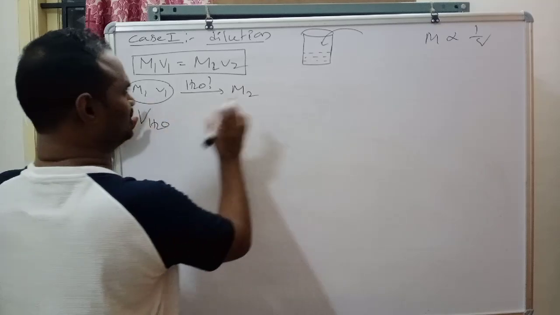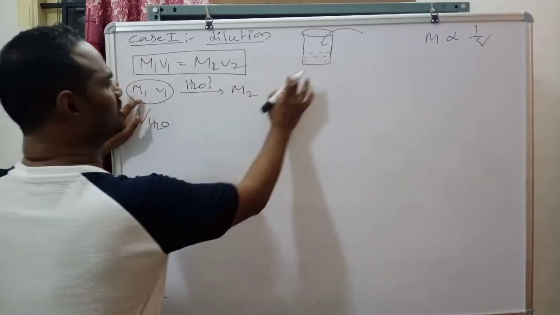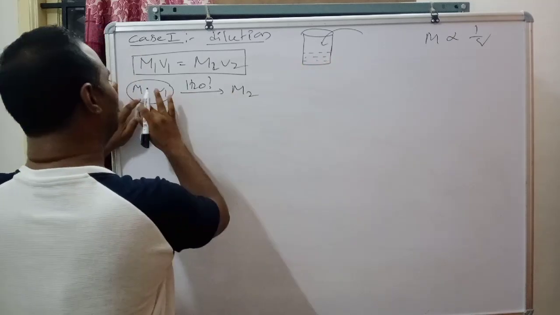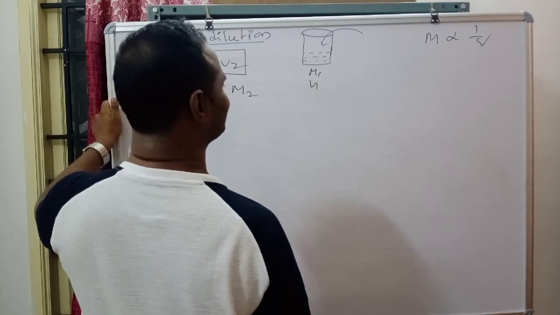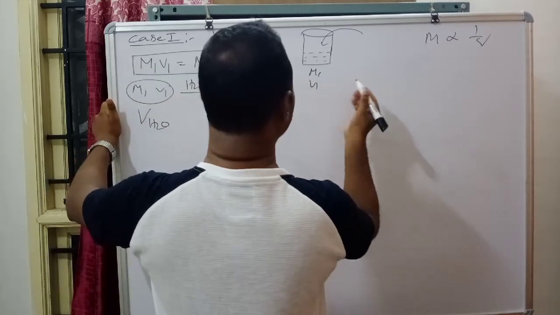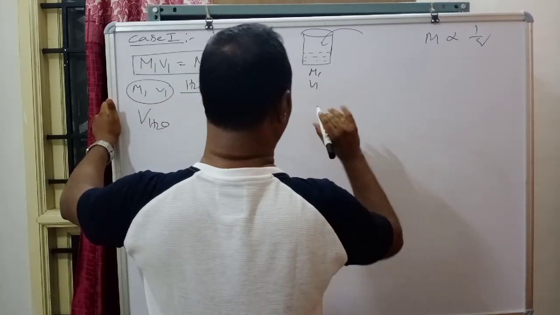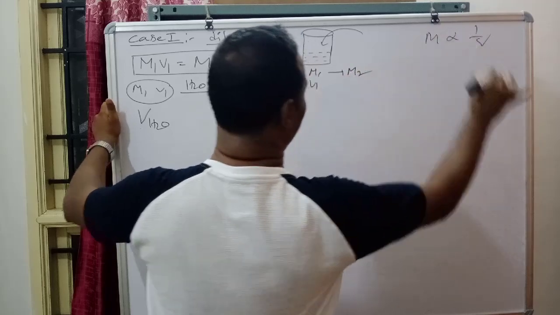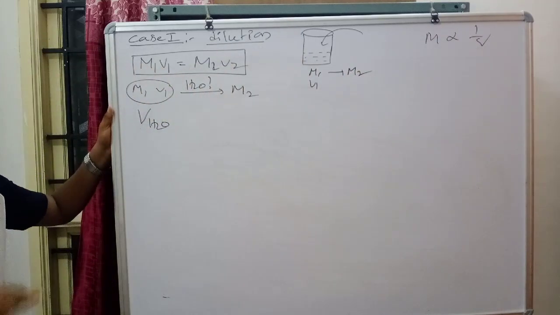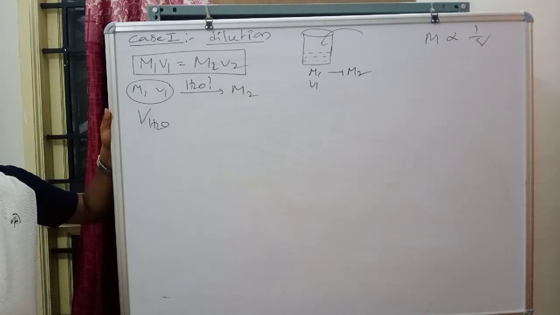Suppose we have taken some solution initially. Its concentration is M1 and its volume is V1. After addition of some water, how much we don't know, but this concentration I want to convert into M2, some lower concentration. Is it clear?